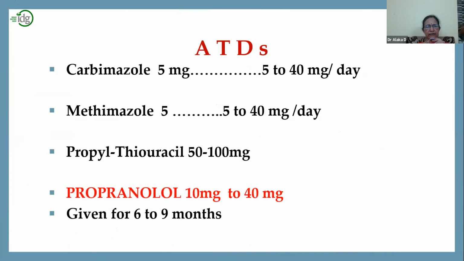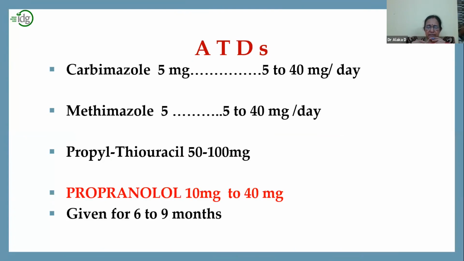What are the anti-thyroid drugs? Carbimazole, 5 to 40 milligrams per day. Methimazole, the same, 5 to 40 milligrams per day. Propylthiouracil has a different mechanism of action, 50 to 100 milligram tablet, and that you can give.